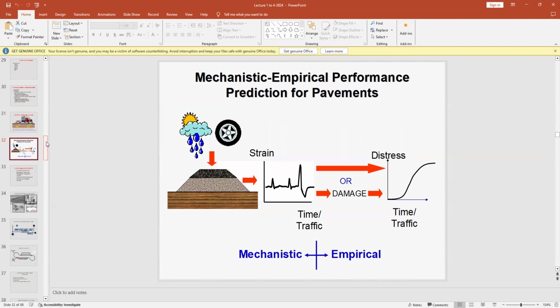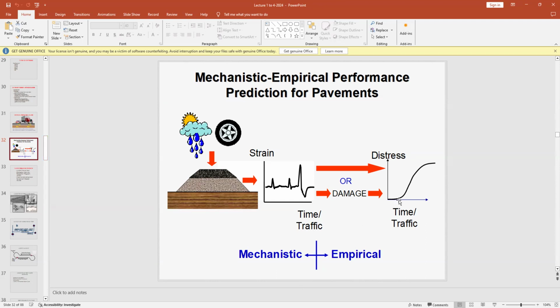That's why you have distress, and that distress will become more as time passes, right? The more the number of passes of the load together with climate, the distress will start getting bigger.